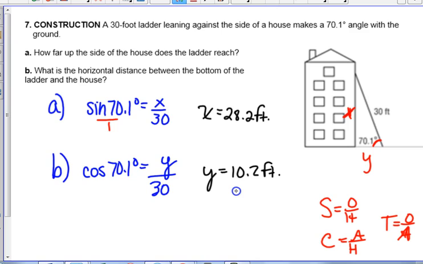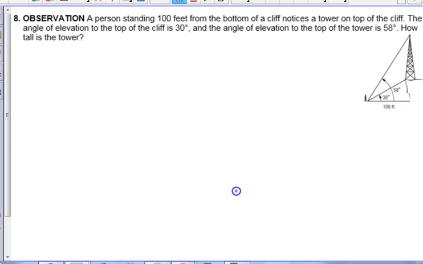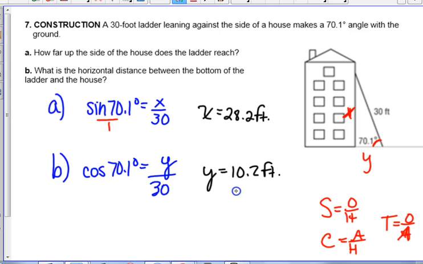All right. What's wrong? Are you in the wrong mode? Oh yeah, for part B, 30 squared minus 28.2 squared.